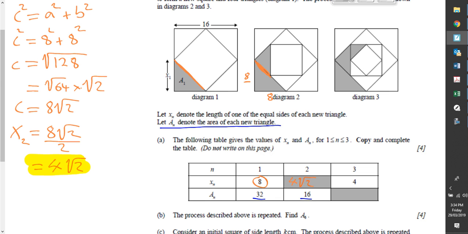So now AN is actually a geometric sequence.